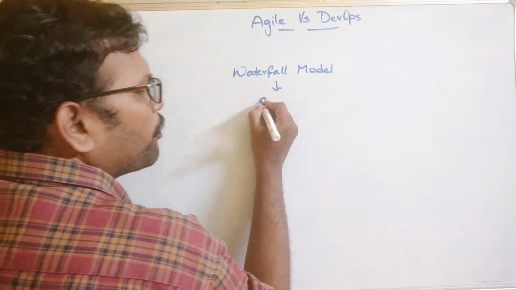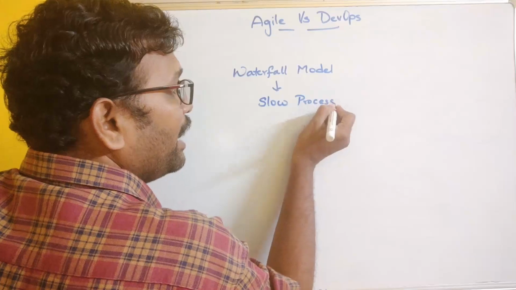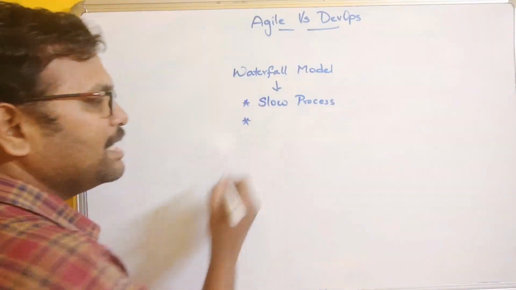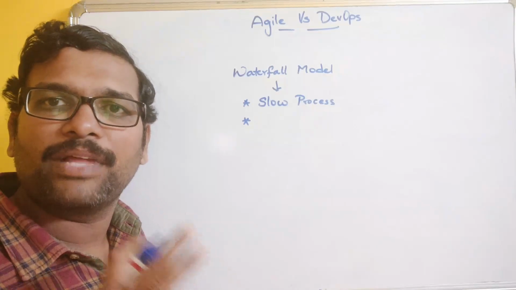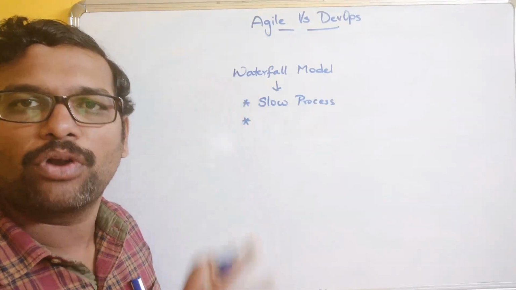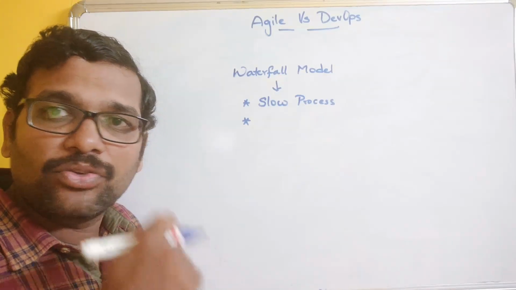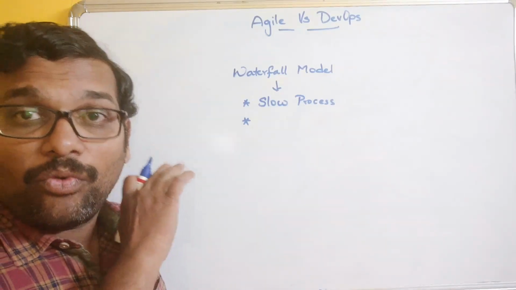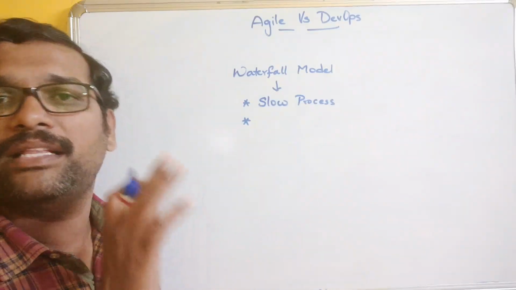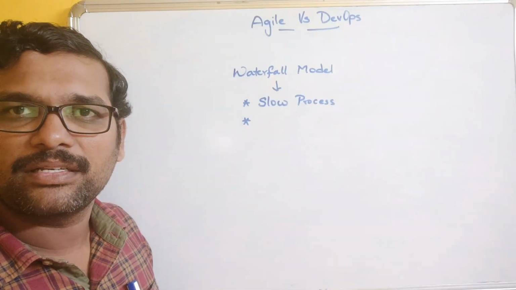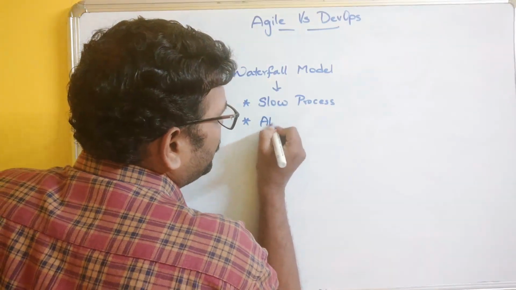One drawback is that it is a very slow process, and the main drawback is that the requirements should be collected from the customer before starting this model itself. Once the process model has started, the team cannot accommodate the changes made to the customer requirements, right?